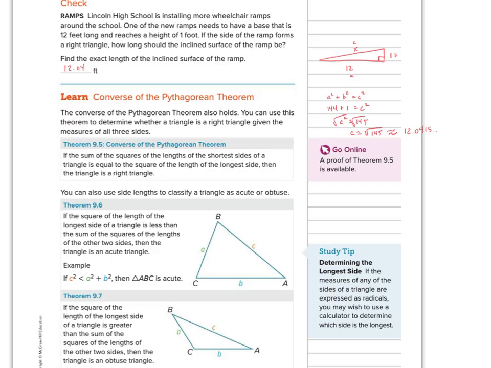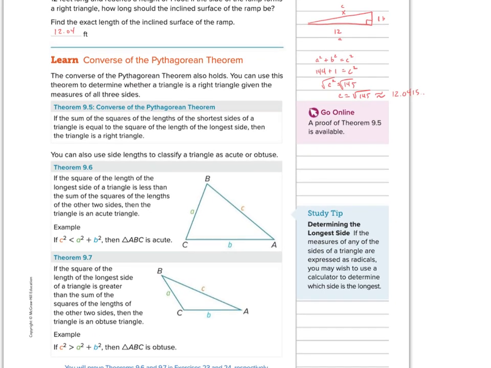Before it was, if you have a right triangle, then you can do this. Now we're saying that if you have this, they're just saying the reverse. So if the sum of the squares of both sides equal the square of the hypotenuse, then you have a right triangle. So we're just moving back and forth through the definition or the theorem.